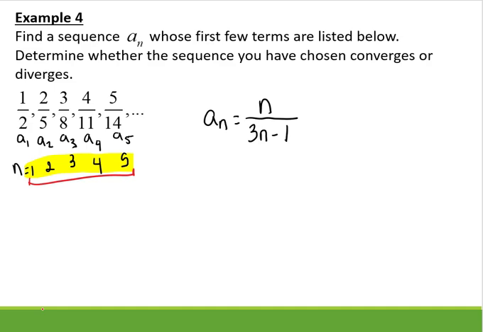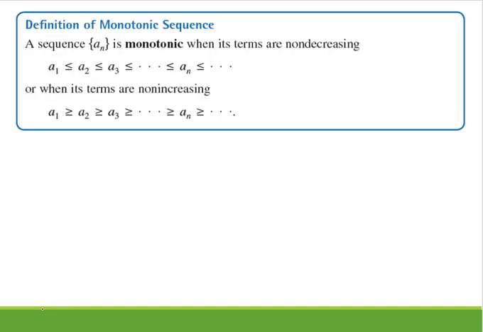Okay, a monotonic sequence. A sequence is monotonic when its terms are non-decreasing or when its terms are non-increasing. I was looking at this right before I recorded the video, and I found this definition kind of interesting. I'm going to look this up in a couple different books.